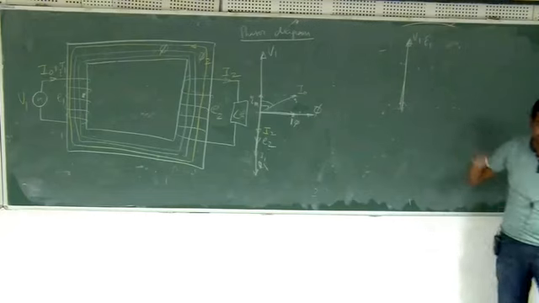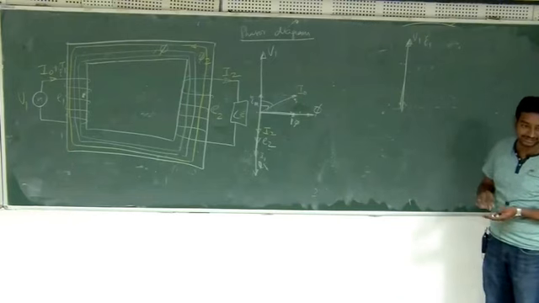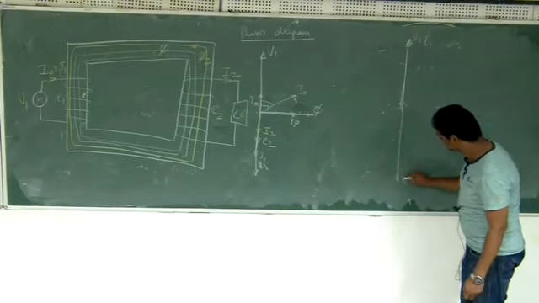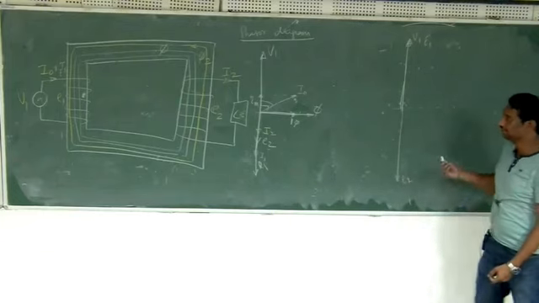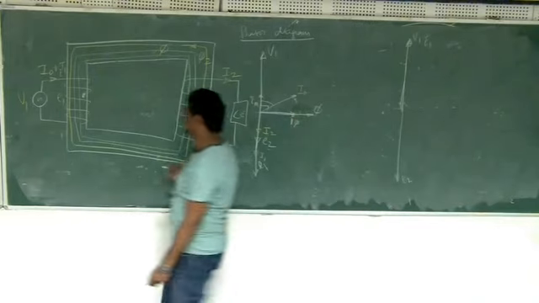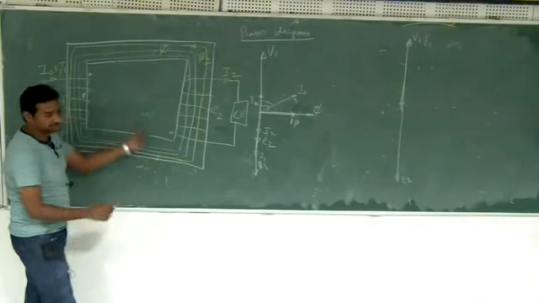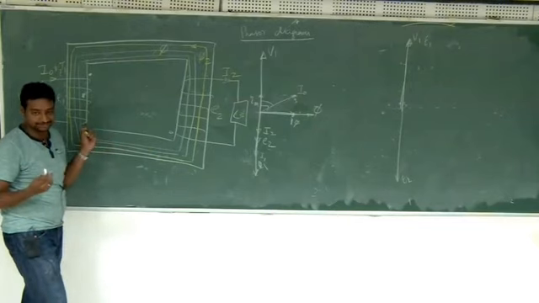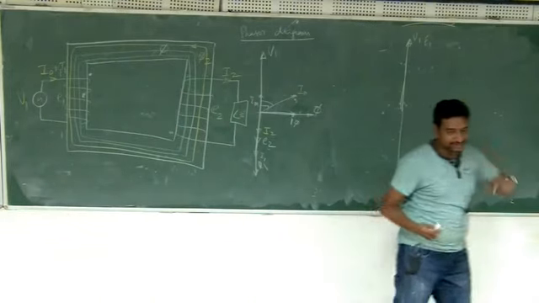I did it just to keep the diagram clearer. Then this is E2. So actually E1, E2 should be in phase. So you can always change it. I can use this kind of dot convention. Then you can always argue E1, E2 are opposing. Okay. Just for representing here, I can do like that.